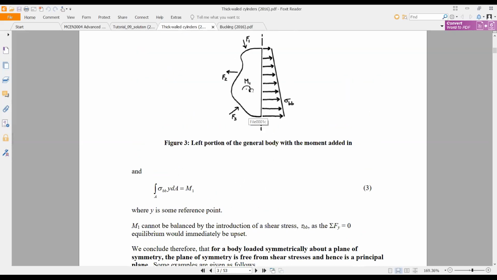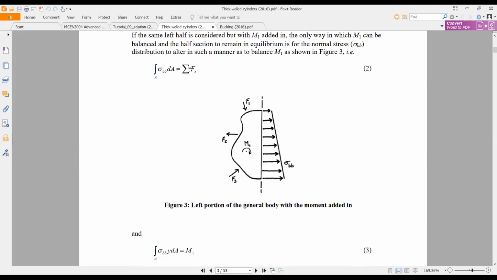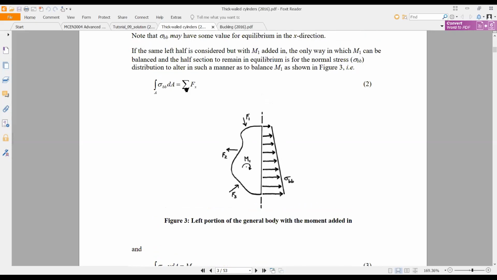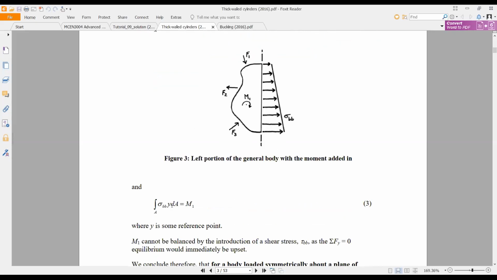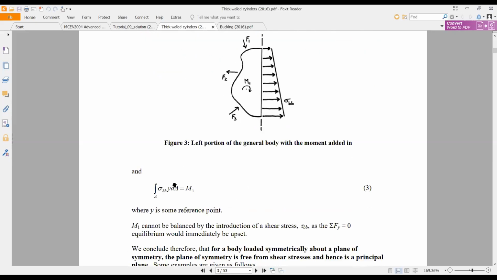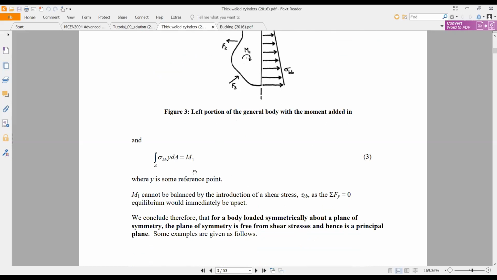So the integral comes up with this one: Fx times y, the sum of Fx times y. But we are not going to use this Fx later; we will use these notations, and the sigma BB times y. If you convert the sigma BB to force, you need to multiply by area, and that gives the bending moment. Okay.